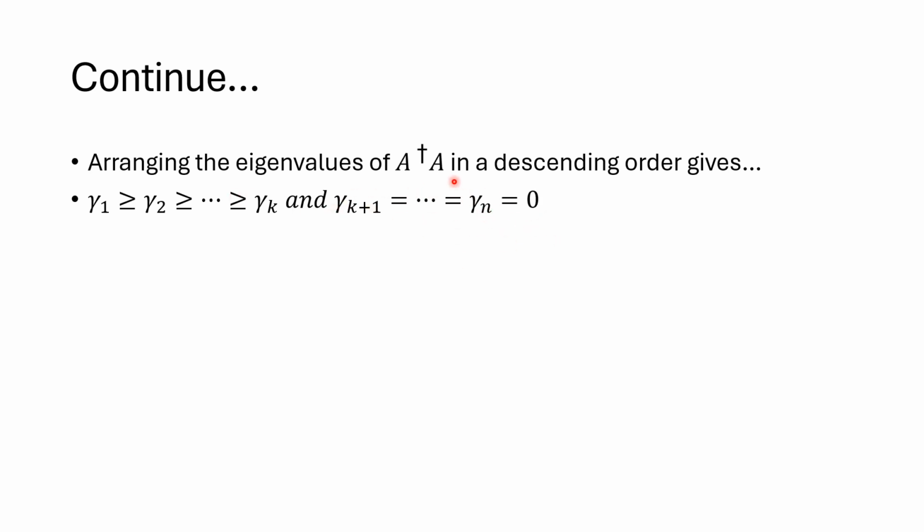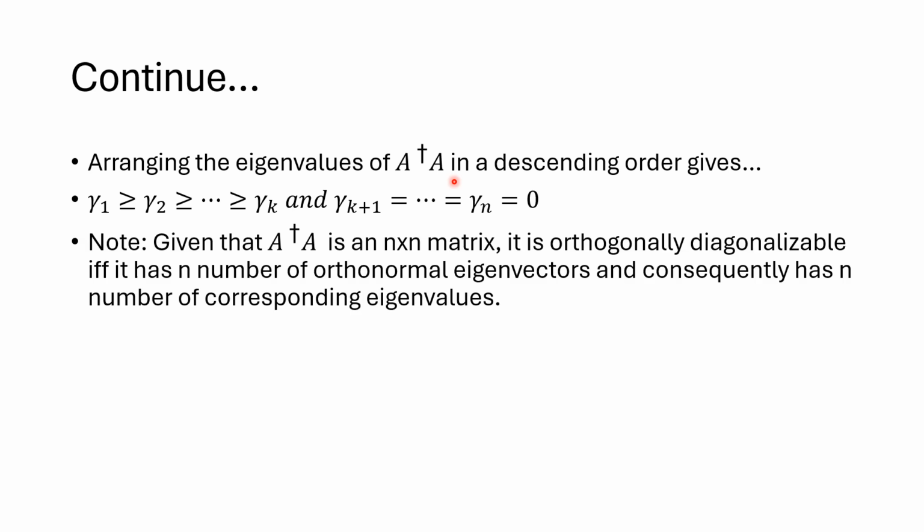All right. Now, why would it be 0? Well, an important thing to note is that we know that square matrices, when they're not invertible, their eigenvalues will be 0, right?